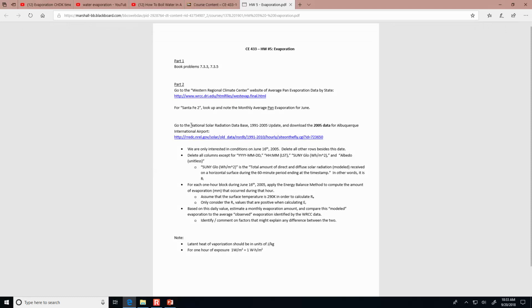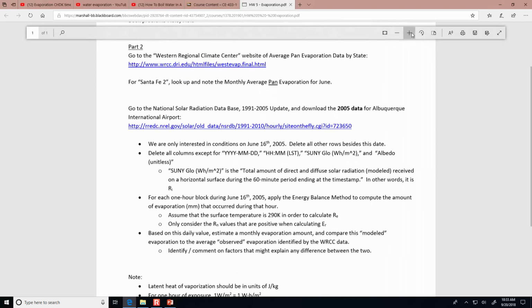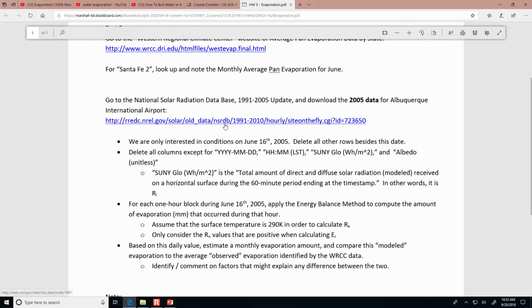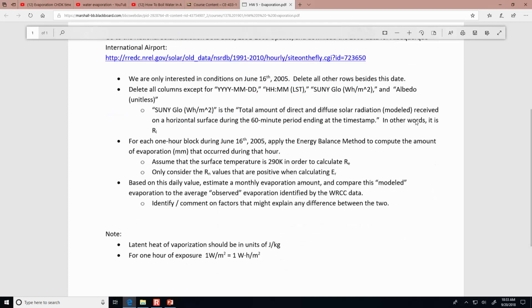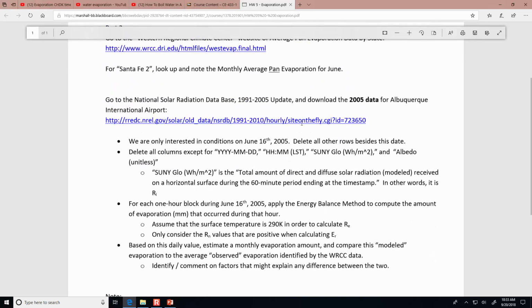Yeah, the National Solar Radiation Database. And what you can do is you can get the solar radiation data for Albuquerque on an hourly basis. And so what I'm going to ask you to do is estimate the evaporation in Albuquerque using that actual solar data.